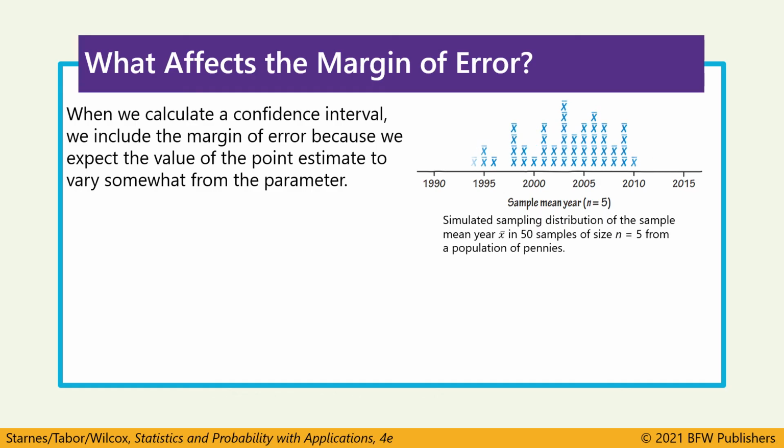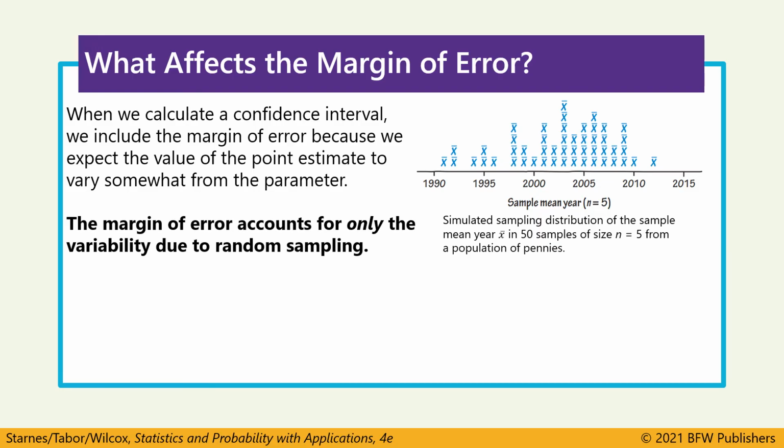So when we make a confidence interval, we're not providing an exact estimate. We're always giving a range. And on top of that, we're tying it to some confidence level where we're saying we're this % confident that it's in this range of values. All of those are affecting the margin of error, which is accounting for the fact that our samples will vary.